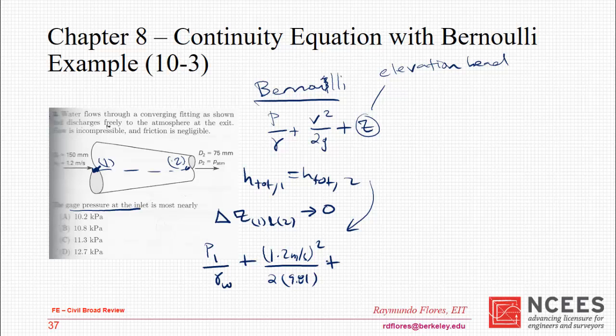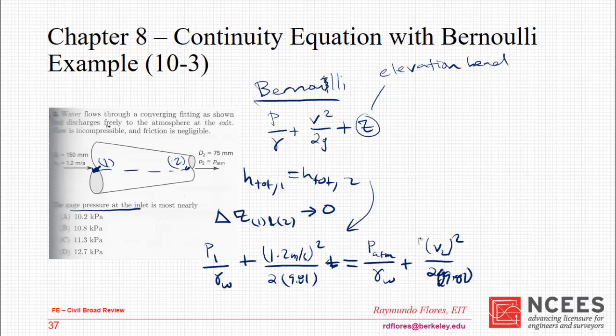And then add that to, and then don't add anything actually, because remember it goes to 0. And then you say that that's equal to P ATM divided by this plus the velocity v2 squared over 2g, and g is 9.81.